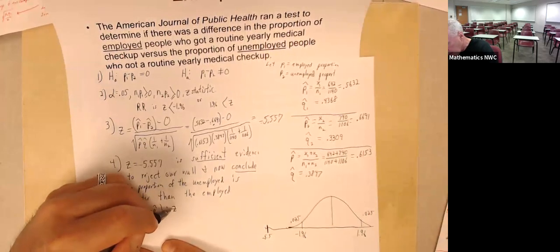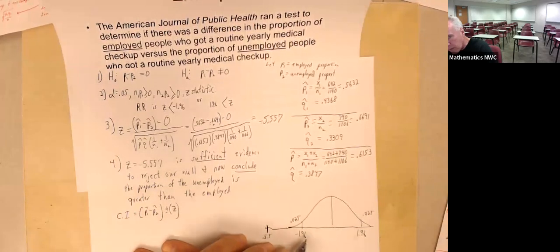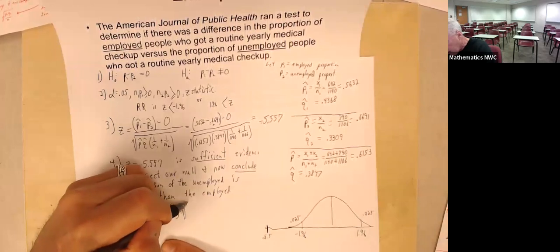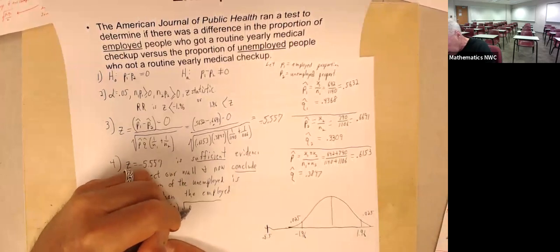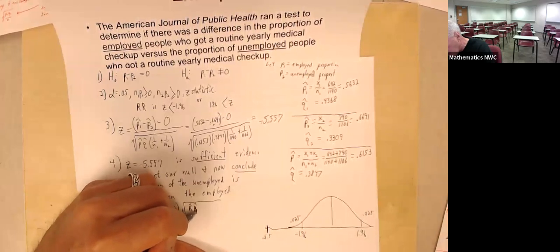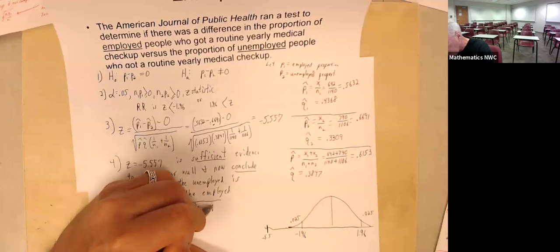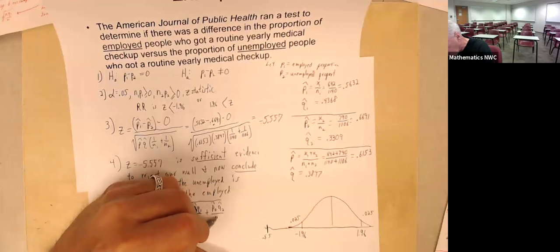Plus or minus your z-score, which will be that 1.96, times again the square root of P1 hat Q1 hat over N1 plus P2 hat Q2 hat over N2.